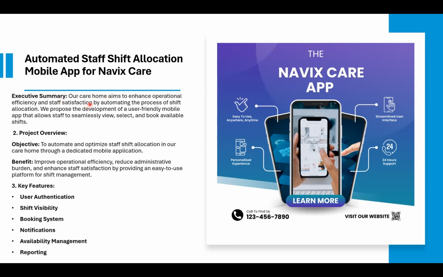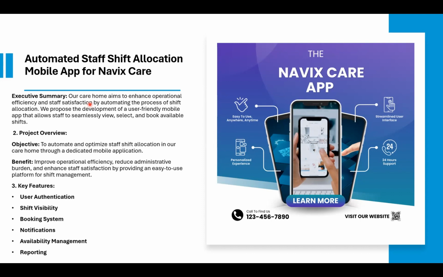Our care home aims to enhance operational efficiency and staff satisfaction by automating the process of shift allocation. We're proposing the development of a user-friendly mobile app, and this app is going to allow the different staff to select shifts and book shifts as they become available. That's the big high-level overview of what this is intended to achieve.